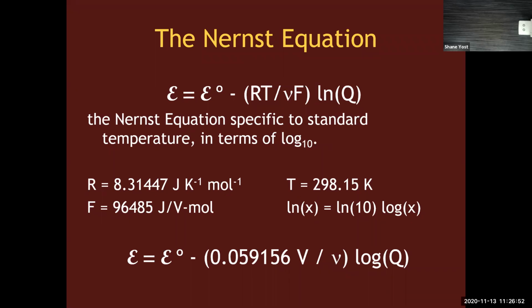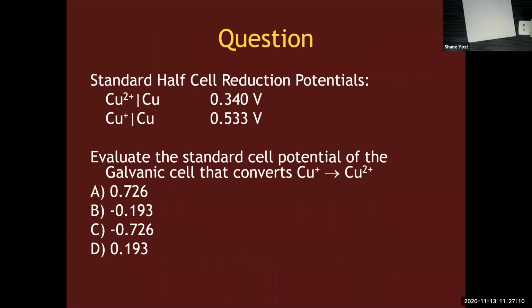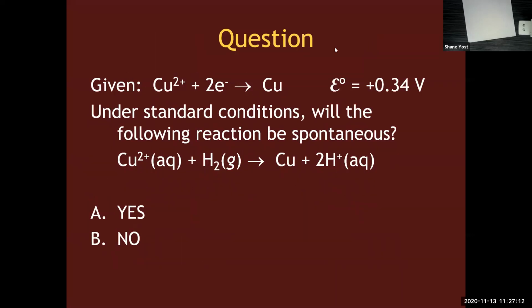So the Q for the redox reaction includes the concentration of H plus ions. Let's go back to this reaction here.